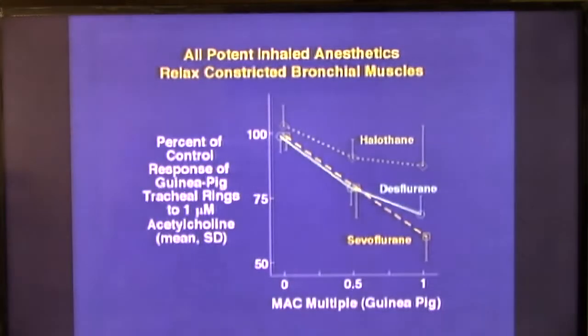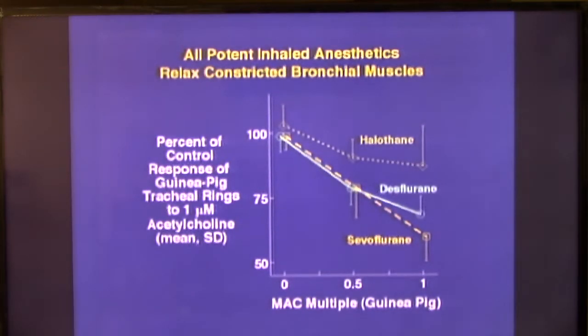What are their effects on bronchomotor tone? What do they do? Bronchodilators. Right, you got to speak up. There's the illustration of the effect on bronchodilator tone, or bronchomotor tone. This is the percent of the control response of guinea pig tracheal rings to micromolar acetylcholine.